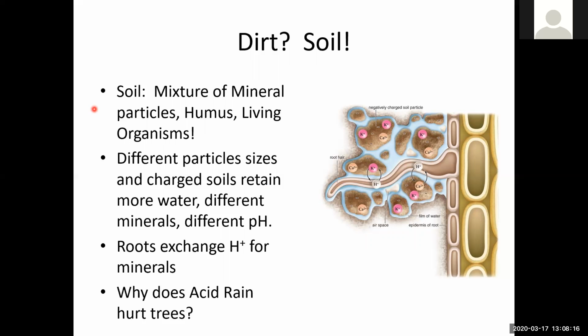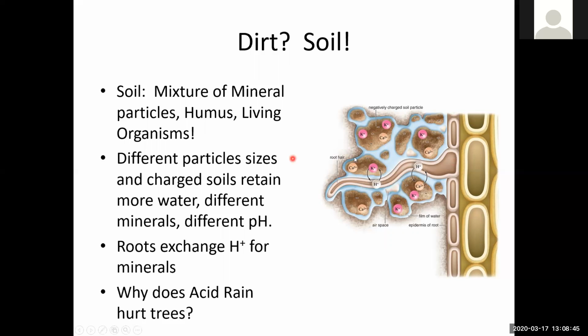We'll talk about that later. But they have different sizes, they have different amounts of water in between them, and different minerals, and this all gives it a different charge sometimes and different pH. But in general, roots have a very fine network of little hairs called rootlets. And this, you guessed it, is just another way to increase surface area.